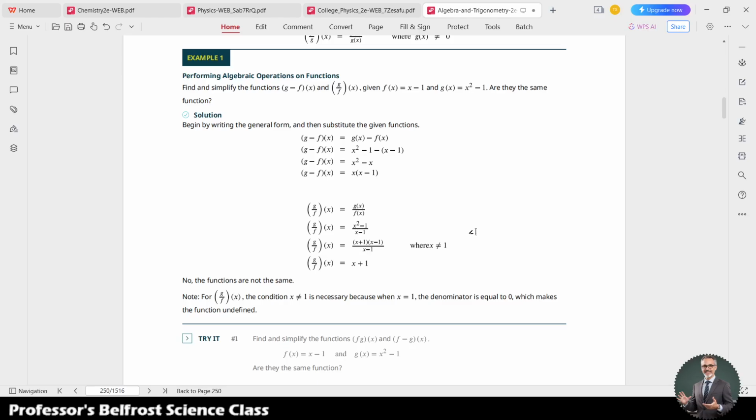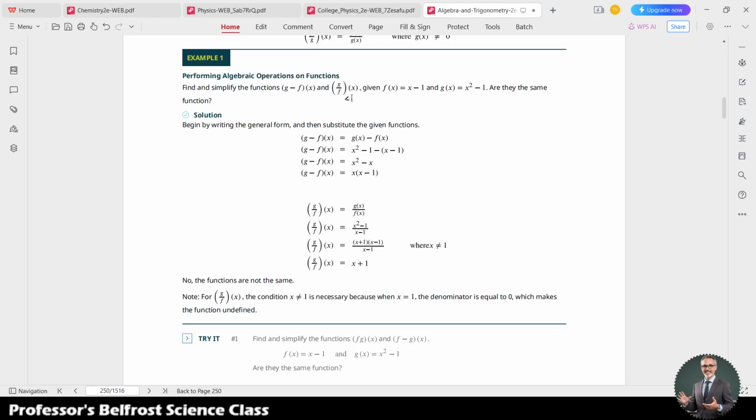Let's dive into the example: find and simplify the functions (g - f)(x) and (g/f)(x) given f(x) equals x minus 1 and g(x) equals x squared minus 1, and are they the same function? Let's see. So (g - f)(x) is g(x) minus f(x). So g(x) is x squared minus 1, and minus f(x) is minus x plus 1, so x squared minus x, and it is x(x - 1) if we factorize it.